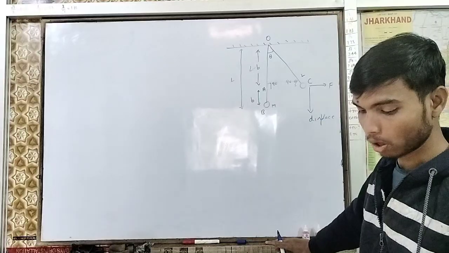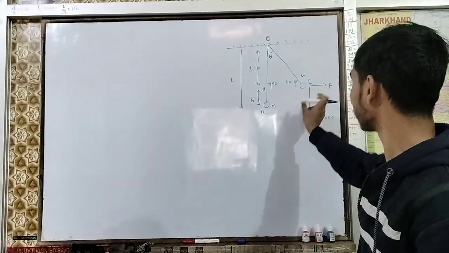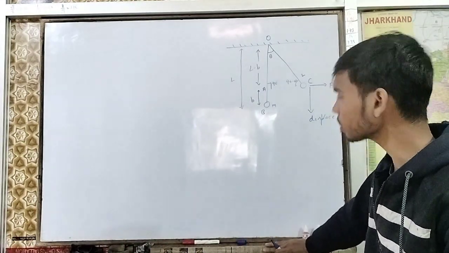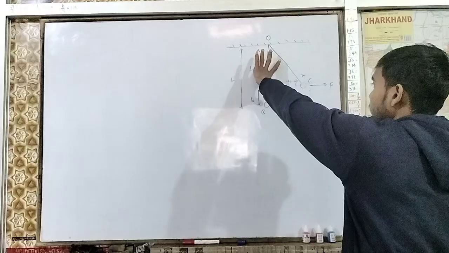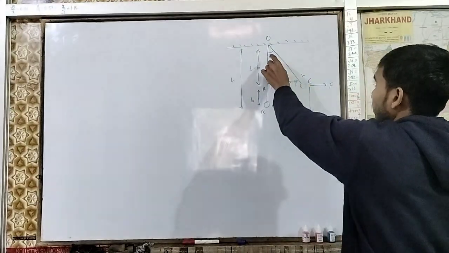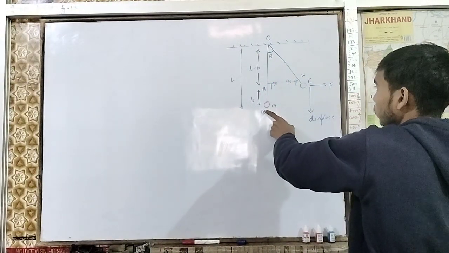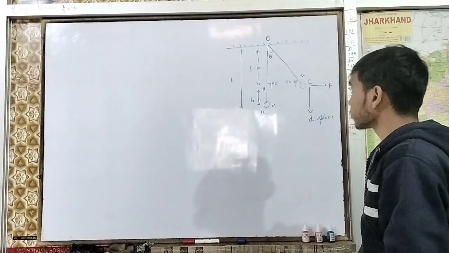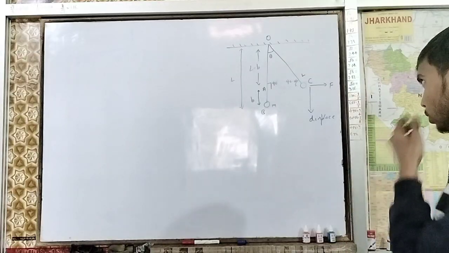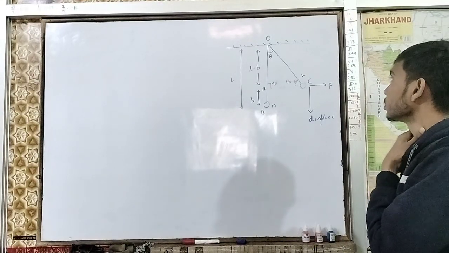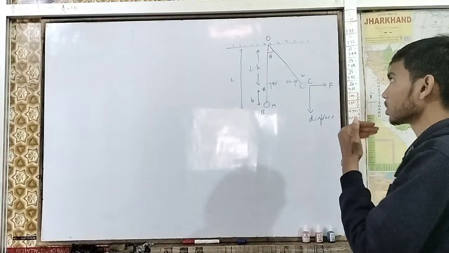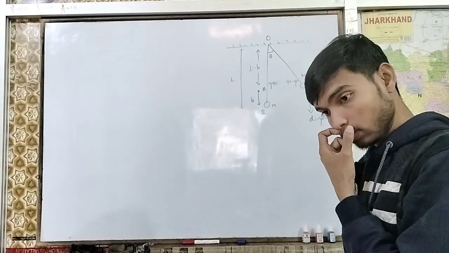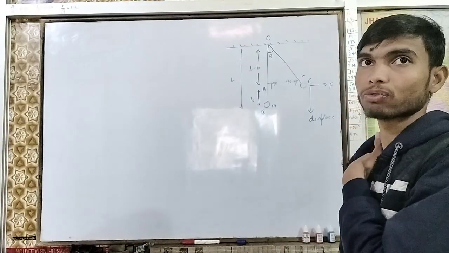The force is horizontal. The question is saying this pendulum has a length, and when it went from here to here, it showed an angle, and the force is horizontal. Our question is to calculate the work done.